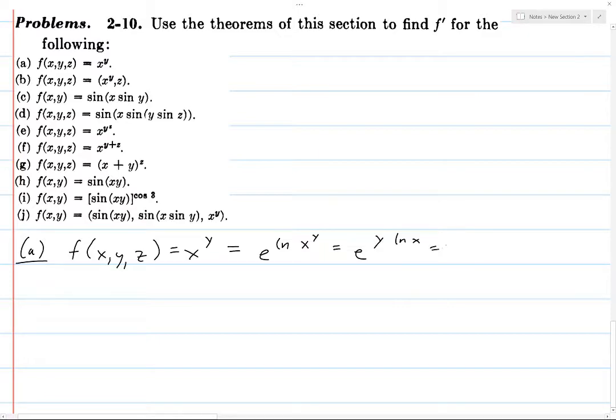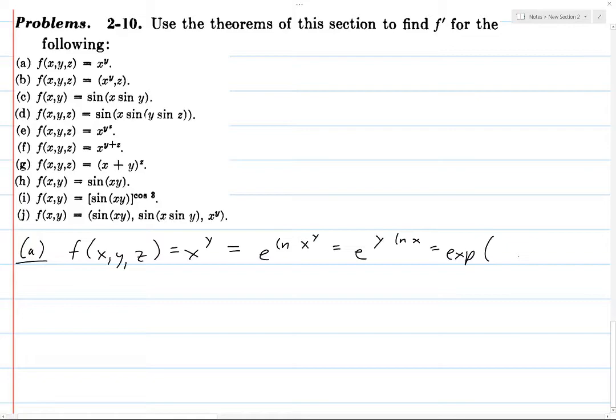Okay, so now what we want to do is, of course, I'll rewrite this e to the power of y natural log x as exp, and then in parentheses you could just put y natural log of x. Now, you want to imagine that every input into this final formula should be a vector.